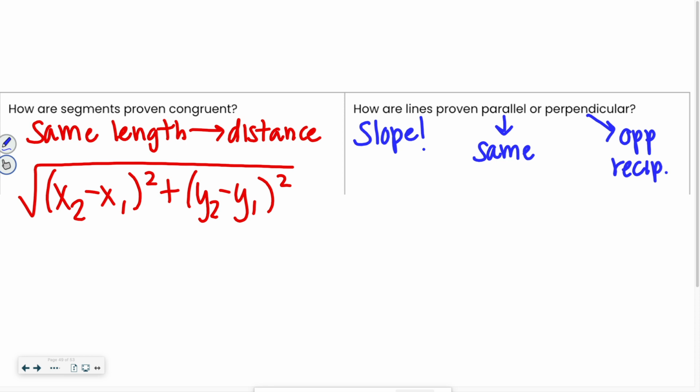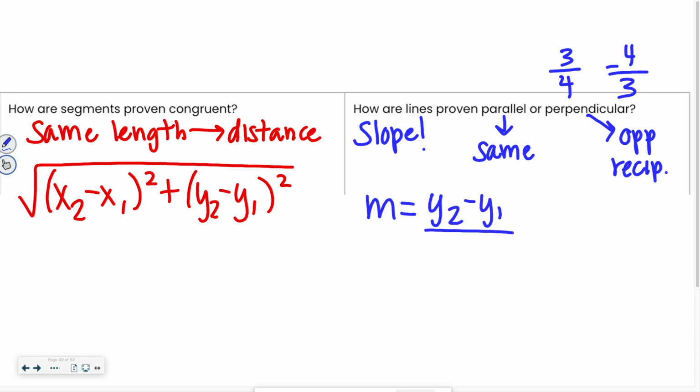Quick example: if you had a slope of 3/4, its opposite reciprocal would be negative 4/3. Let's jot down the slope formula so we remember what that looks like. You subtract your y coordinates over your x coordinates.